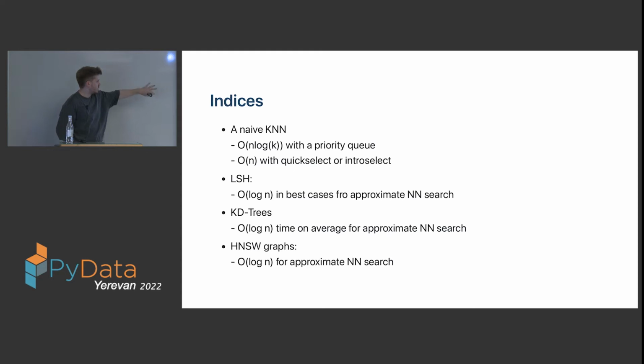LSH, KD trees, and HNSW graphs are all data structures where you can find not exact KNNs, but approximate KNNs faster than in the naive approach.